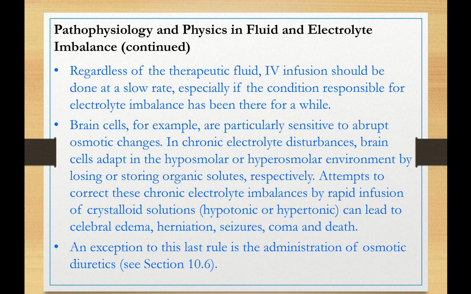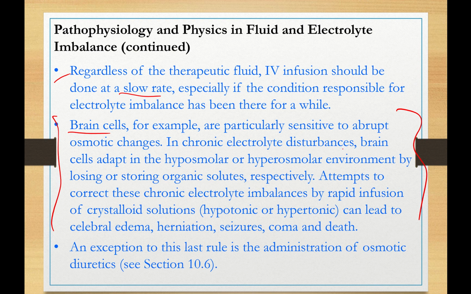So regardless of the therapeutic fluid, IV infusion should be done at a very slow rate, especially if the condition responsible for the electrolyte imbalance has been there for a while. And this is one case that I've cited here of a chronic condition. Brain cells, for example, are particularly sensitive to abrupt osmotic changes.